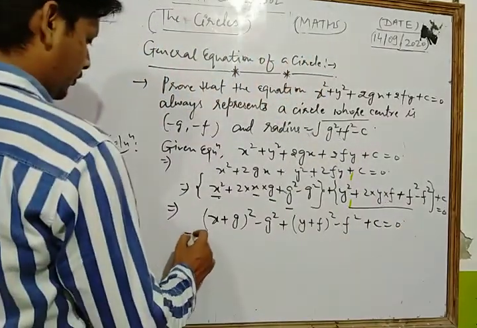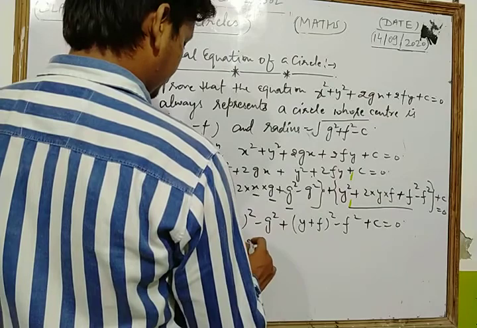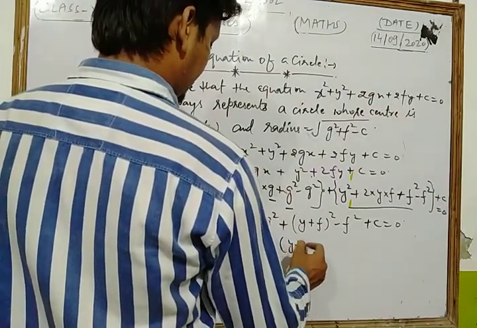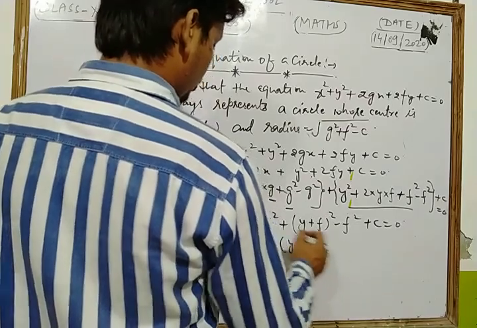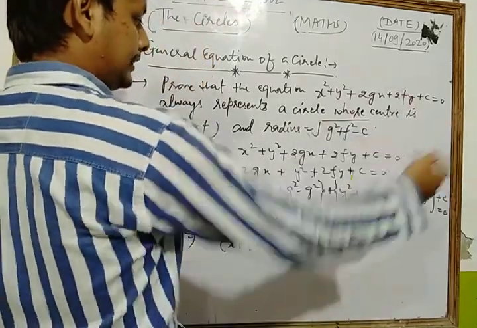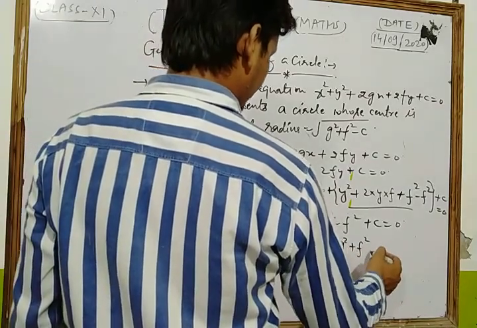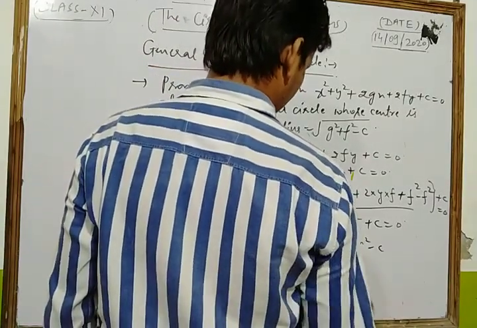Now look, we have (x plus g) whole square plus (y plus f) whole square is equal to, we transfer all the other values to the right side of the equation, that is, we get g square plus f square minus c.